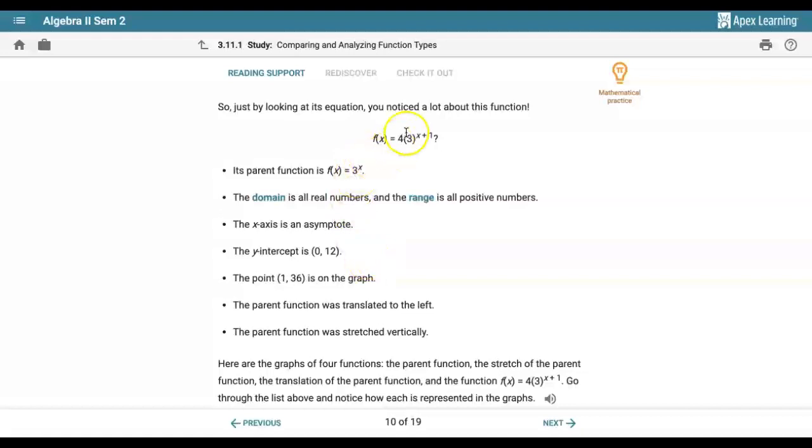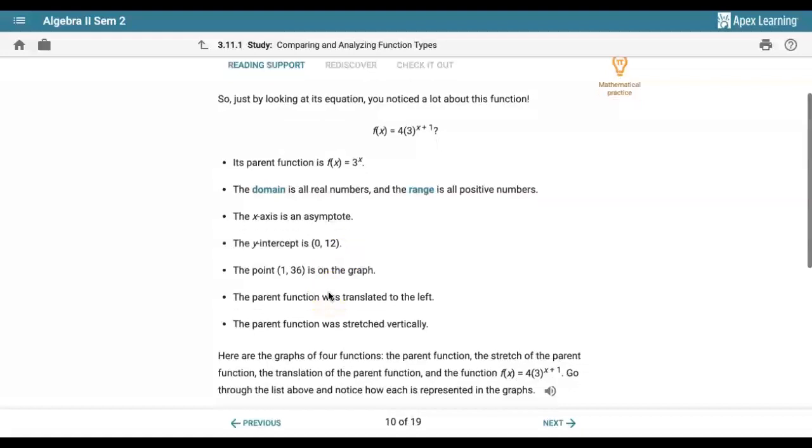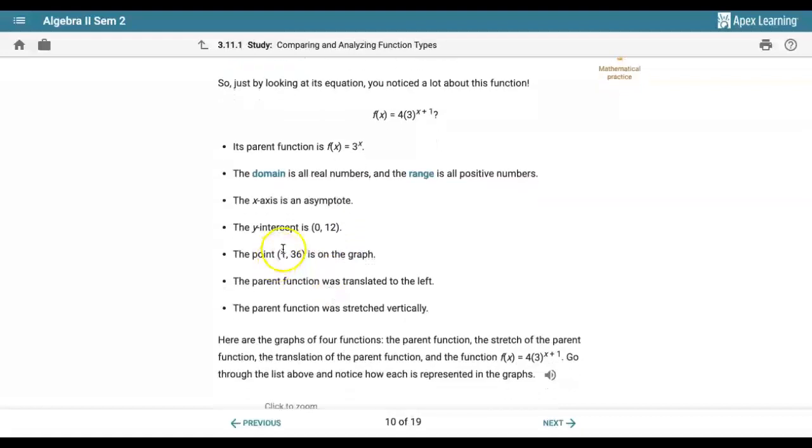But obviously here, since we have this value of 4 out front, the intercept is now at 0, a times b, or 4 times 3, which gives us 12. We have this point 1, 36 being on the graph.